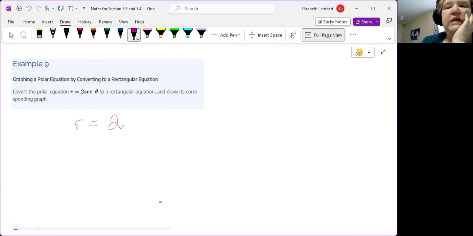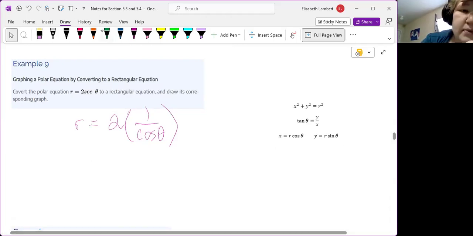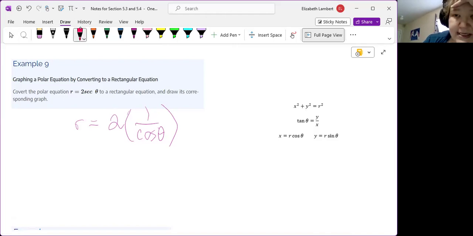Well, I know secant is 1 over cosine. And I know I don't like seeing stuff on the bottom. So my next gut instinct is clear the fraction. And like I said, it's good to have those formulas there as a reference. So we're going to multiply by cosine theta on both sides.